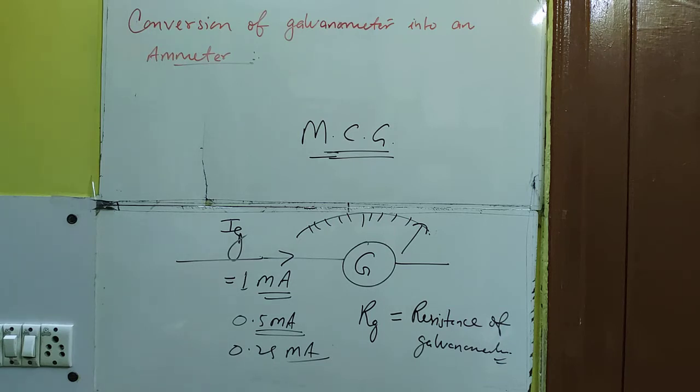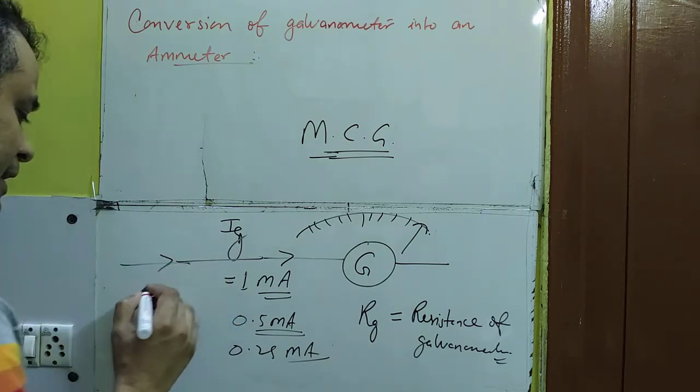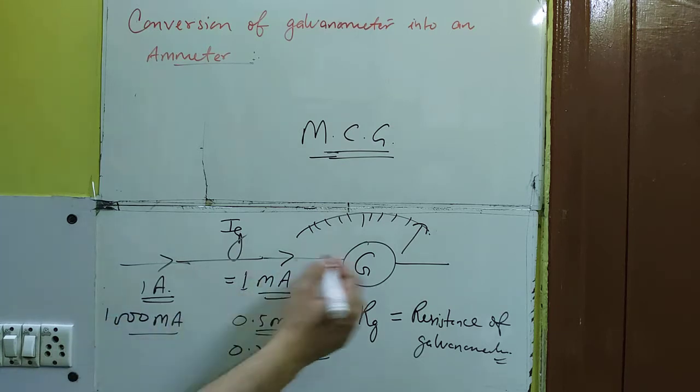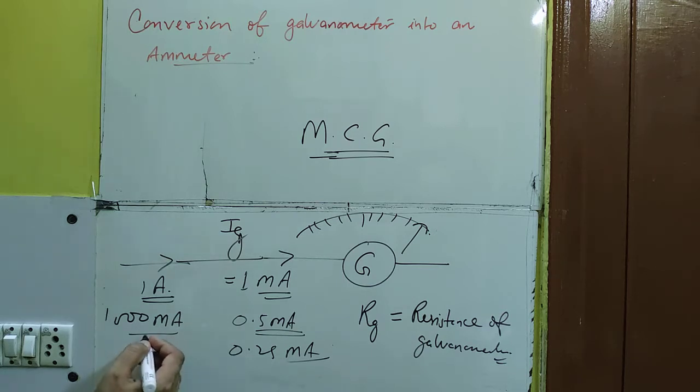Now think about that. If I insert 1 ampere current, 1 ampere means 1000 milliampere, directly in this galvanometer, definitely your current is 999 milliampere more than the required current.